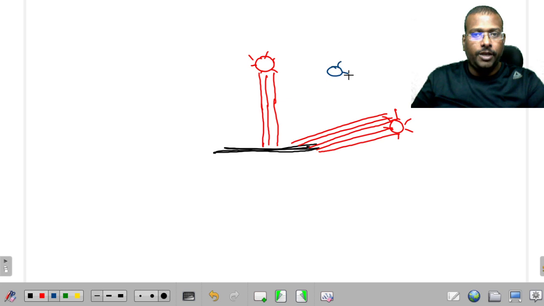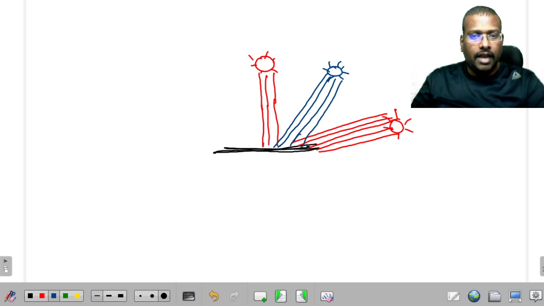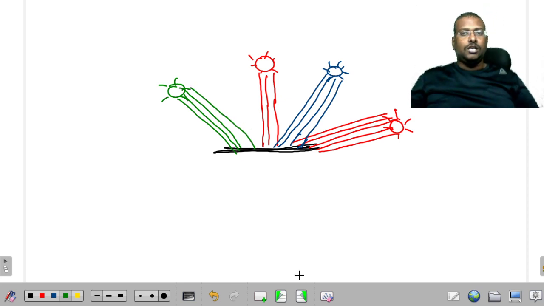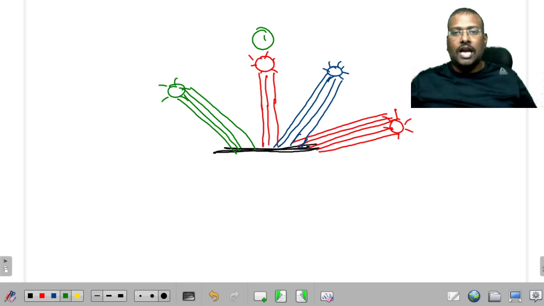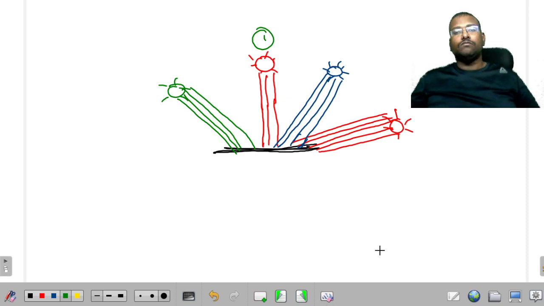If the sun is at some particular angle here, the rays are still parallel to each other, but the angle is other than 90. Even from 12 noon to sunset, the rays are parallel to each other and the angle is not equal to 90 degrees. So except the first situation, the remaining three are considered as oblique projection. I hope you got the clarity.